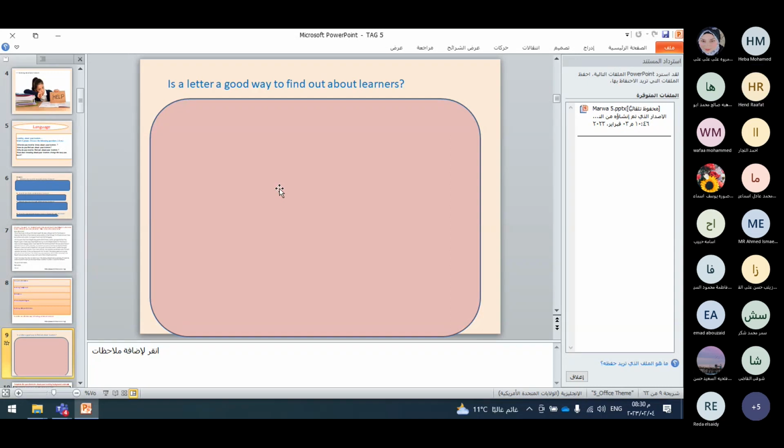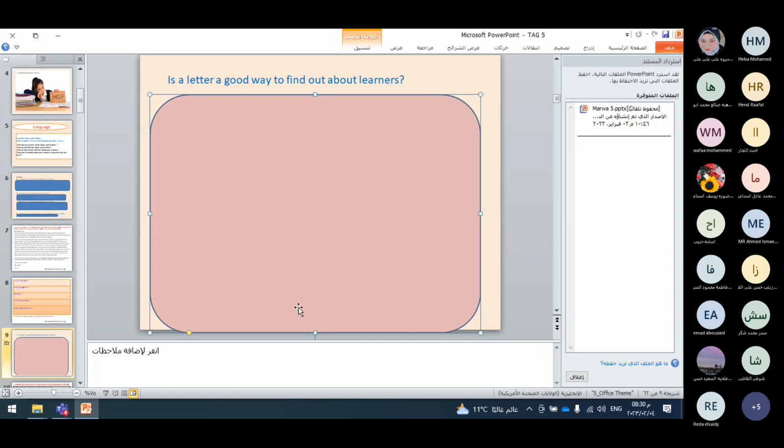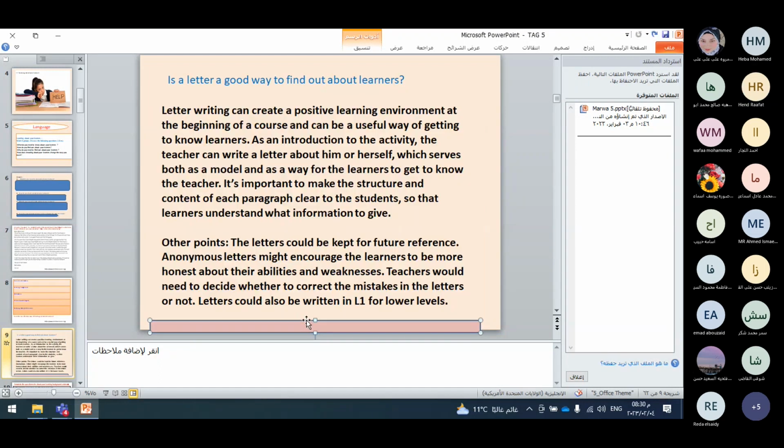Why do you think it's a good way? Let's not take lots of time in this activity. Please read these sentences if you can see them on the slide, and give me a summary in two or three points on the benefits of writing a letter as a way of learning more about our learners.